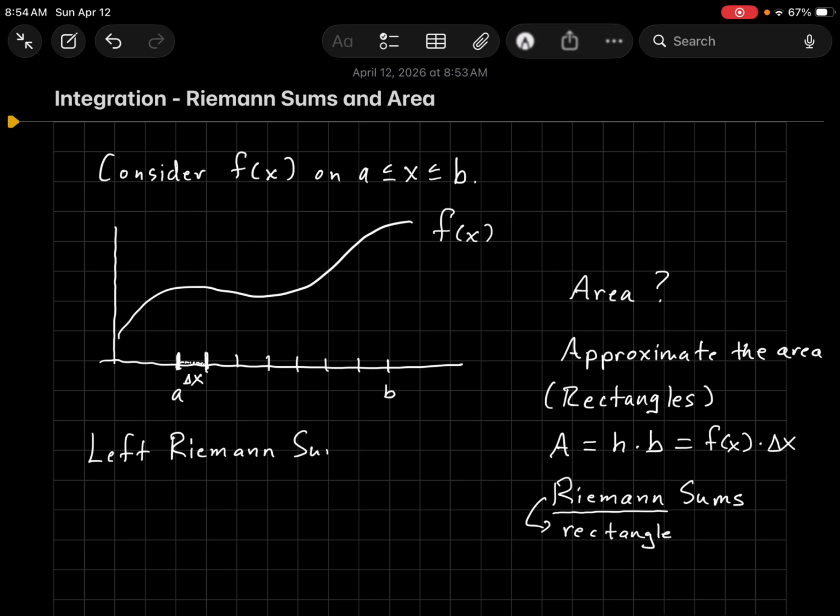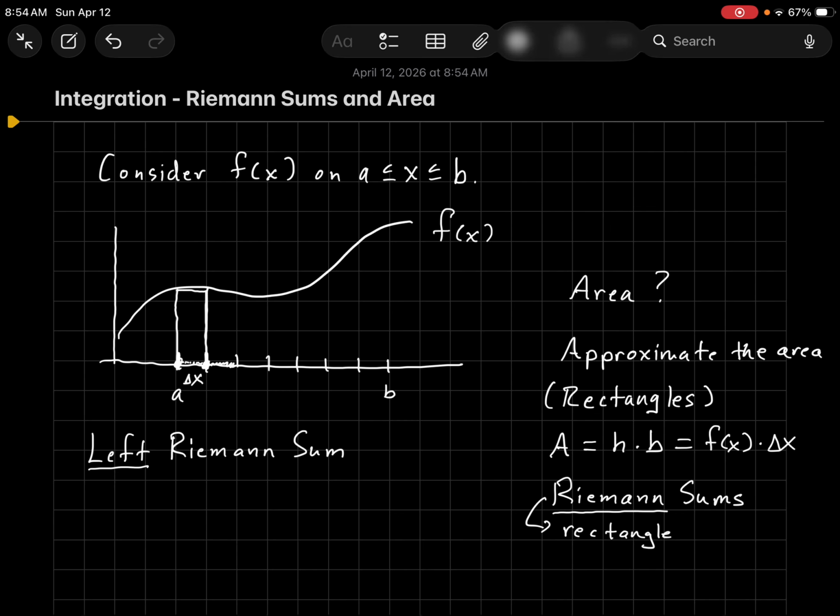Well, if I want to do a left Riemann sum, I'm telling you which x value I want to choose. And the x value I want to choose is the one that's on the left side of the subinterval. So I'll use the left side to go up and get the height of my function. How about on my next subinterval? Well, same thing. I choose the value on the left of the subinterval to go up and get the height.